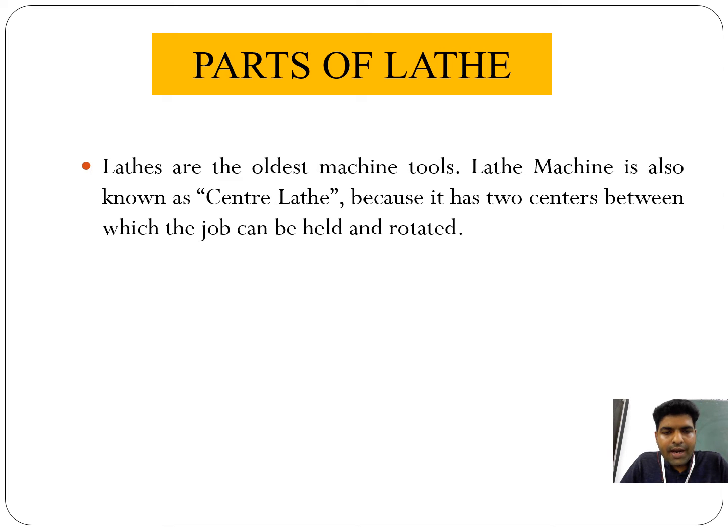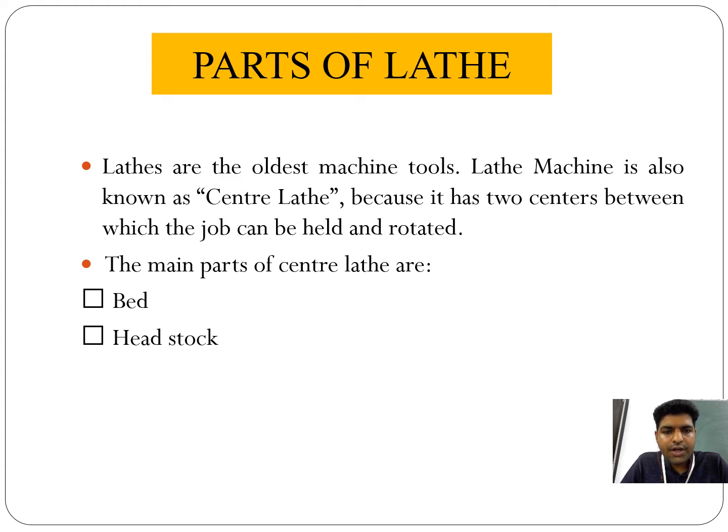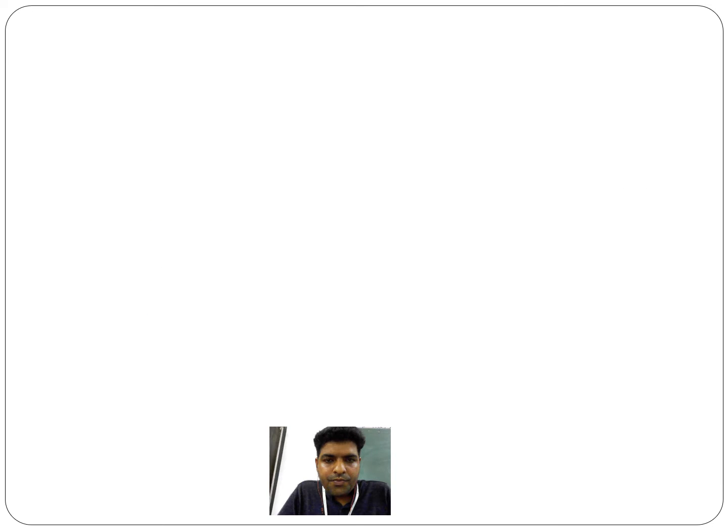As we know, the lathe is the oldest machine tool and it is also called the center lathe because it has two centers between which the job can be held and rotated. The main parts of the center lathe are bed, headstock, tailstock.